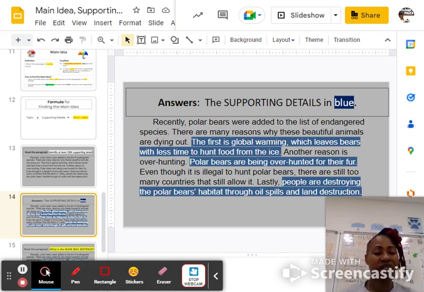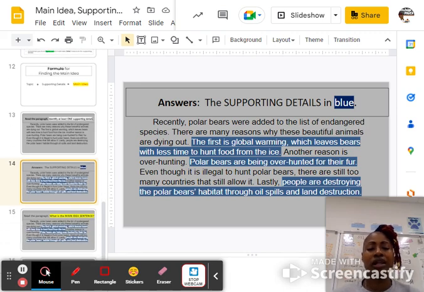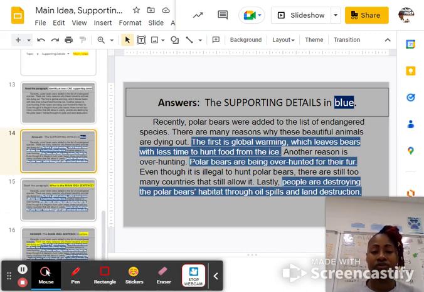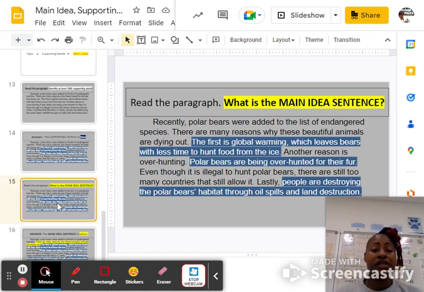Now we want to figure out what the main idea of this passage is. Hopefully you're getting this right as you're walking through this video. Give yourself a pat on the back if you're doing that. Now I want to ask you, what is the main idea? So take a minute, reread the paragraph if you need to. We know the topic is polar bears. We have the supporting details.